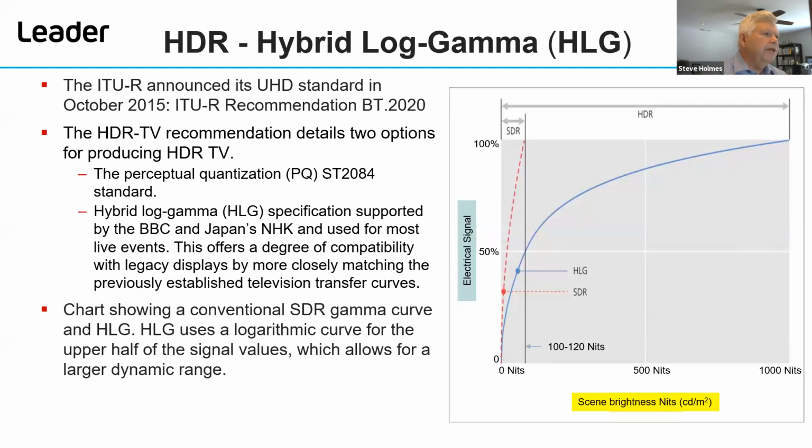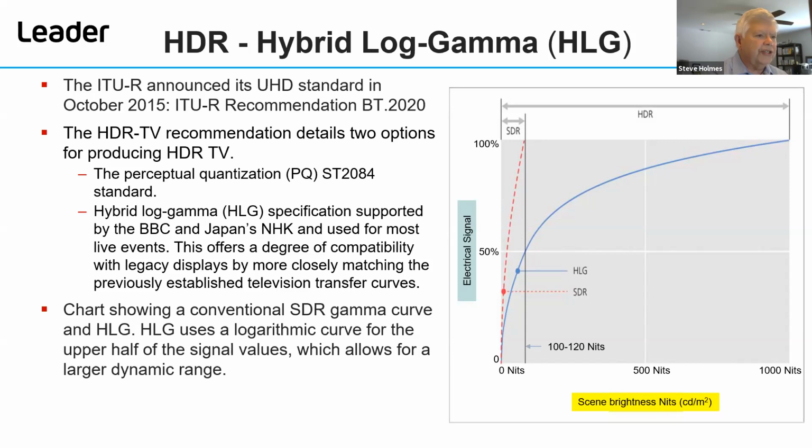So the ITU came out with a UHD standard in 2015, and they had the recommendation of BT 2020, which also gave us color space. But it also recommended 2 different HDR curves. The first one was the perceptual quantizer, which was the PQ curve, and the second one was the hybrid log gamma. So the HLG curve is used a lot for live broadcasts, especially sporting events.